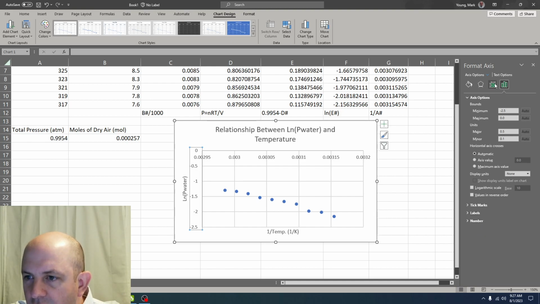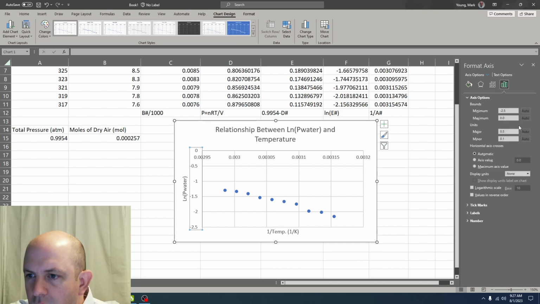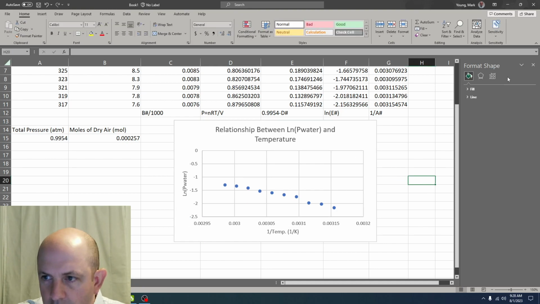Where is this hiding at? Oh, here it is. Horizontal axis crosses, and we'll tell it to cross at negative 2.5. There we go, and so now it popped down at the bottom where we're used to seeing it.